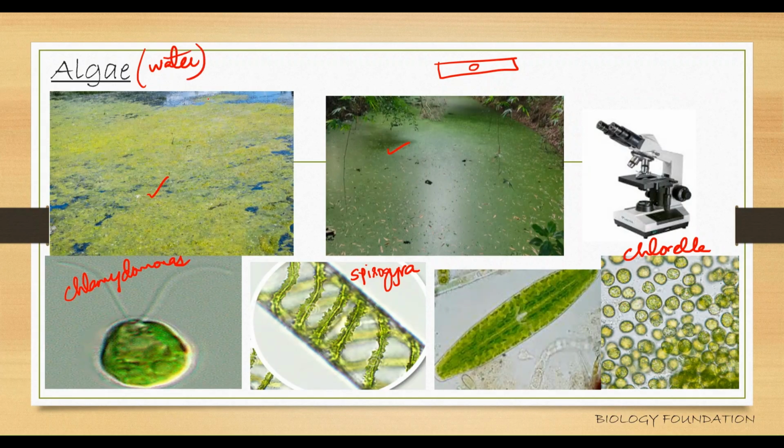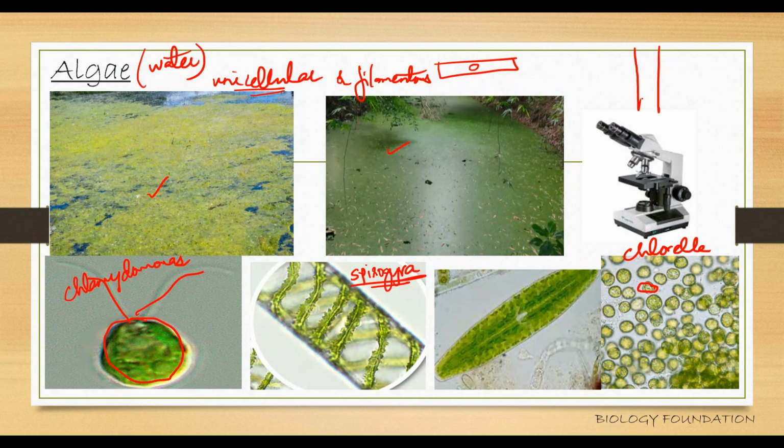These algae can be either unicellular, like Chlorella, which is made up of a single cell, or Chlamydomonas, which is also made up of a single cell, having two flagella. Or they can be filamentous. What is meant by filamentous? Spirogyra is the best example of a filamentous alga, where the structure of the organism is thread-like. Can you see the spiral shape like this?